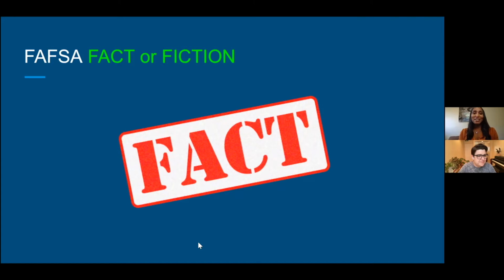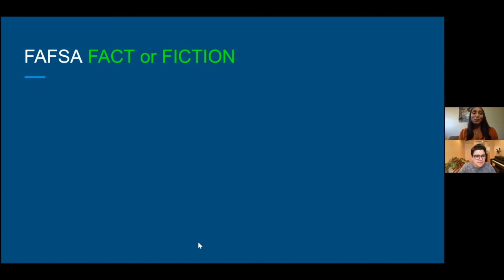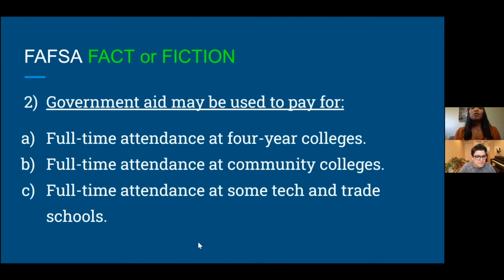Let's move on. All right. Government aid must be used to pay for full-time attendance at four-year colleges, full-time attendance at community colleges, or full-time attendance at some tech and trade schools. Can you use FAFSA to attend any of these institutions?